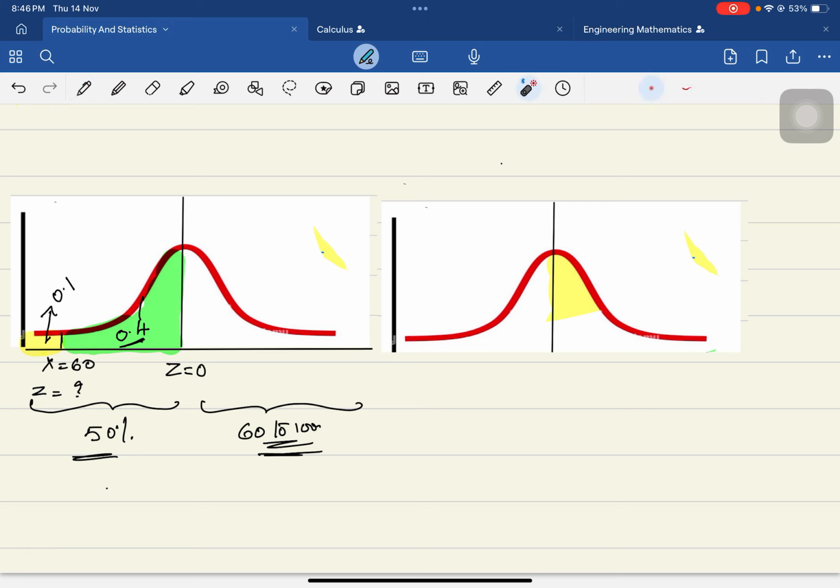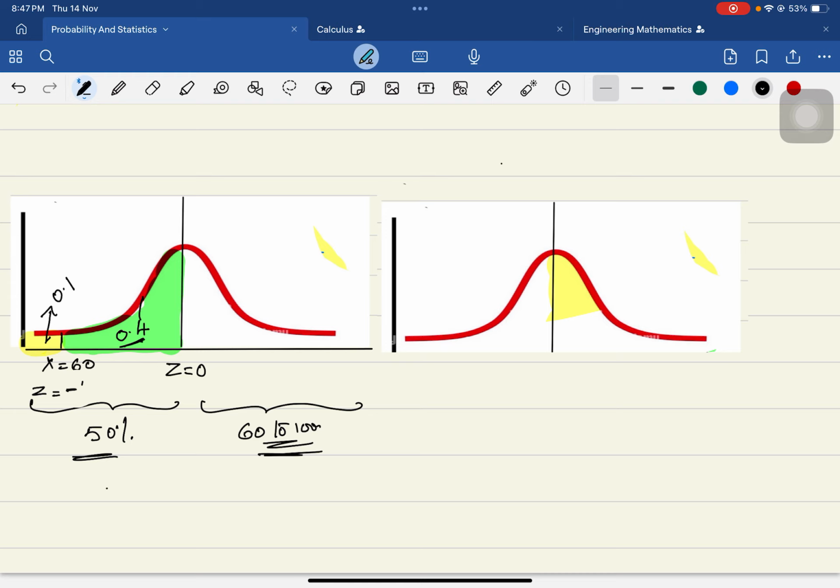It lies on the left side of 0. One more important point to highlight is that whenever you are finding Z values to the left of 0, you have to put the negative sign, and on the right side of 0 it gives you all positive values. So the value of Z is now minus 1.29.